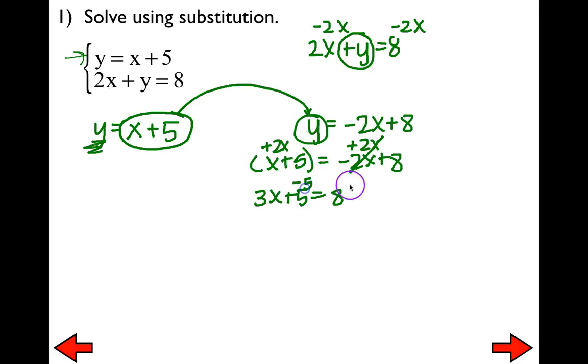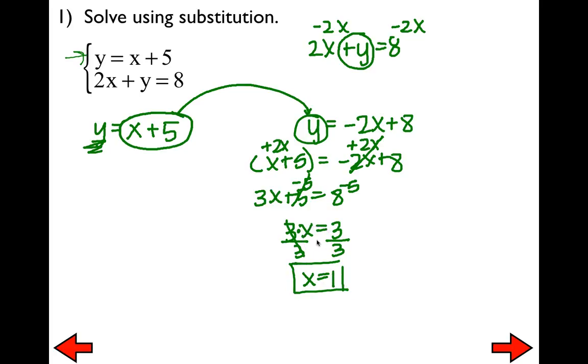Now we're going to get rid of our constant by subtracting 5, leaving me with 3x equals 3. Now, this does mean 3 times x, so the inverse would be to divide both sides by 3, therefore leaving me with x equals 1.